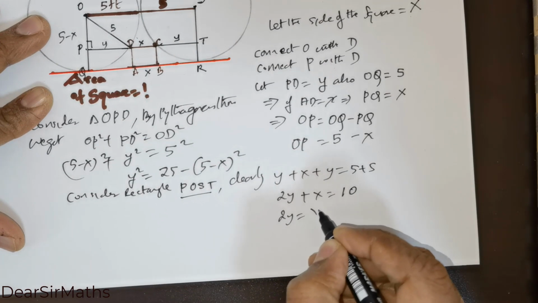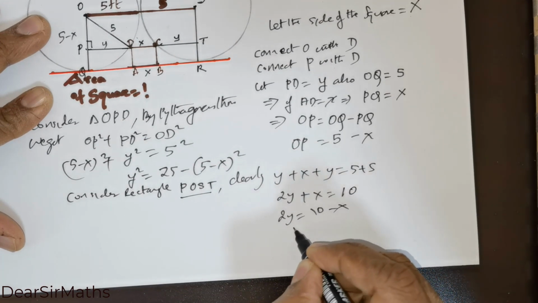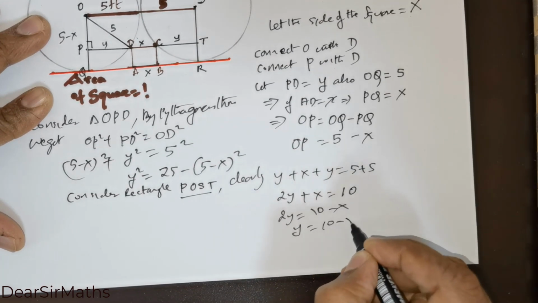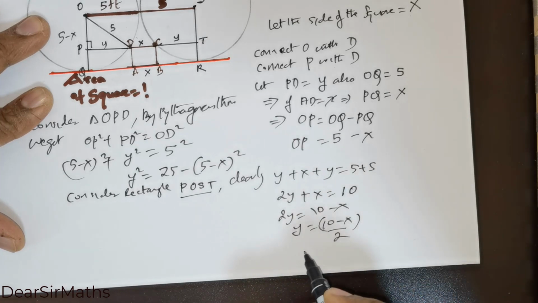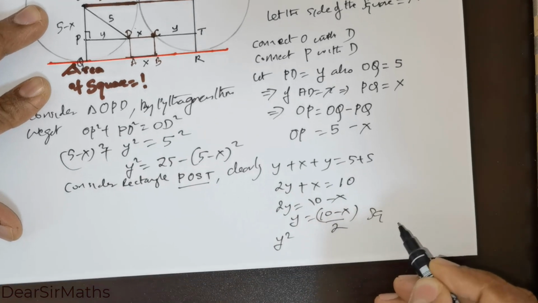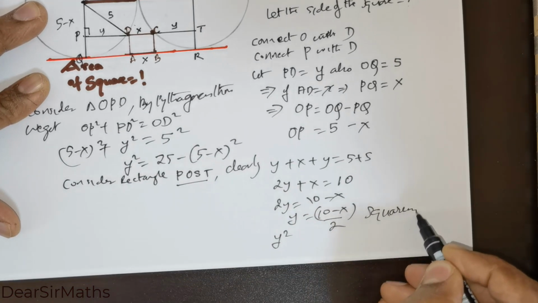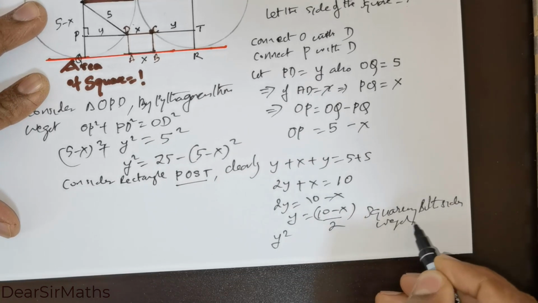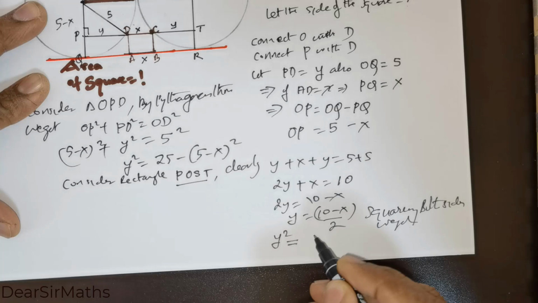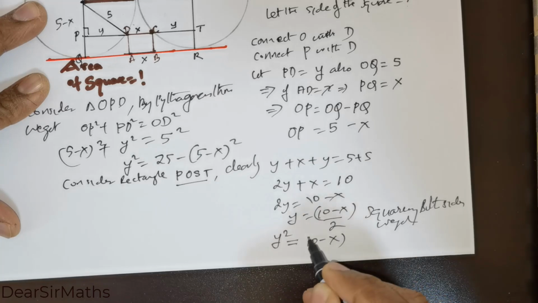So 2Y is equal to 10 minus X. So Y is equal to (10 minus X) divided by 2. Now you square both sides. Squaring both sides, we get Y squared is equal to (10 minus X) whole squared divided by 4.